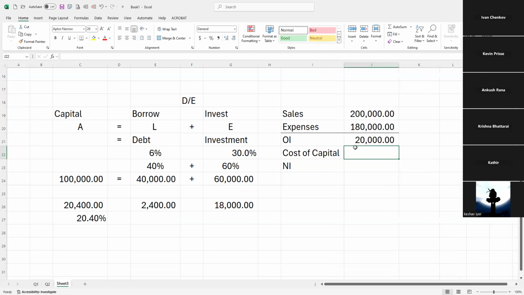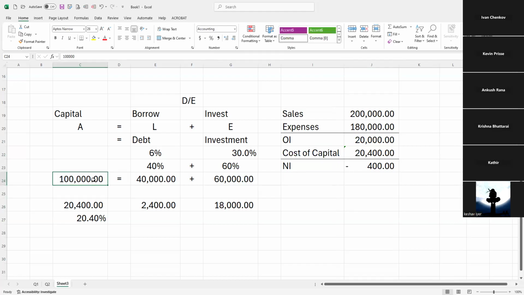Your cost of the capital is $20,400. Your operating income is $20,000. So your actual net income in this case will be 20,000 minus 400, minus $400.